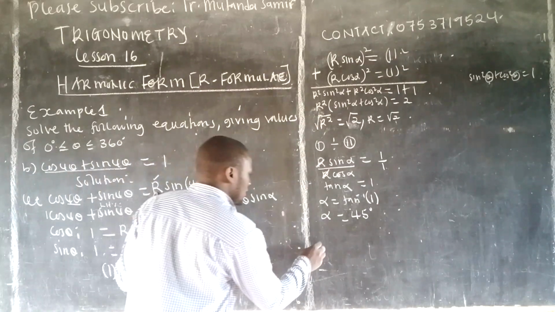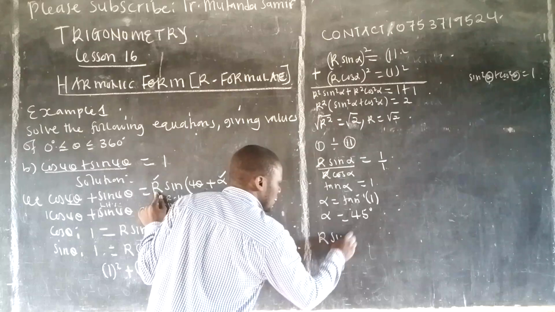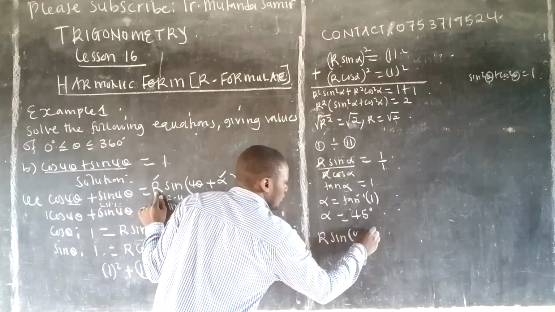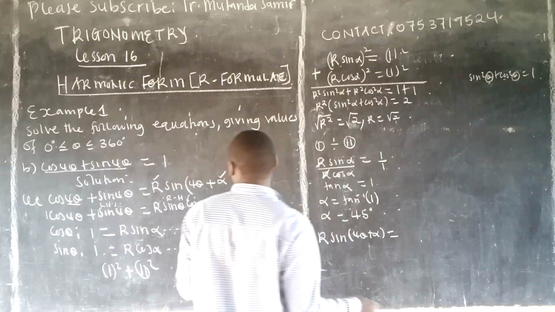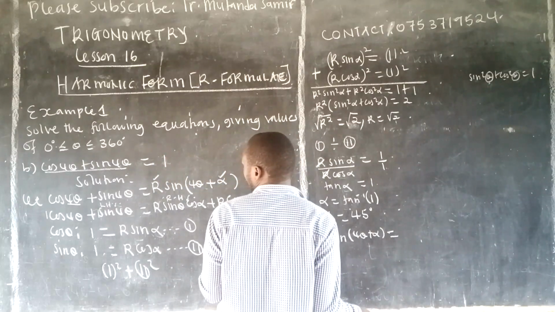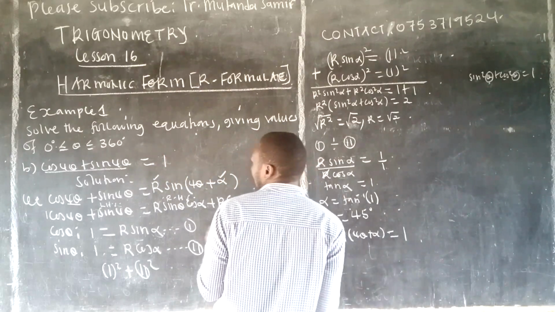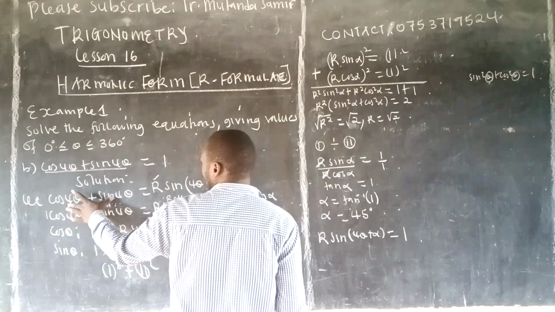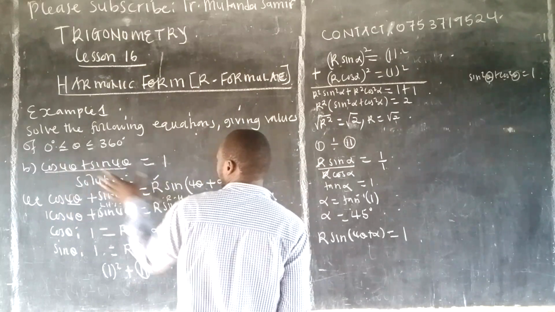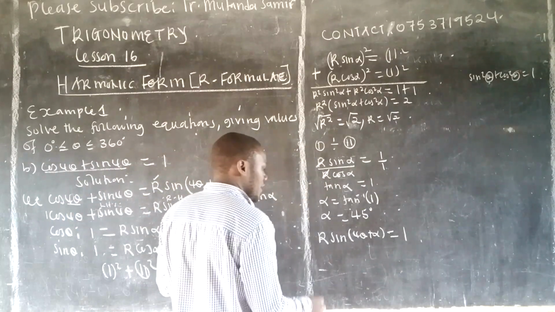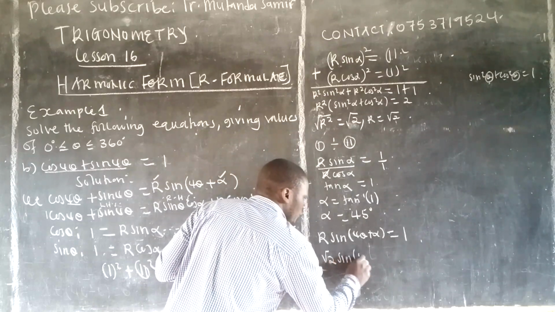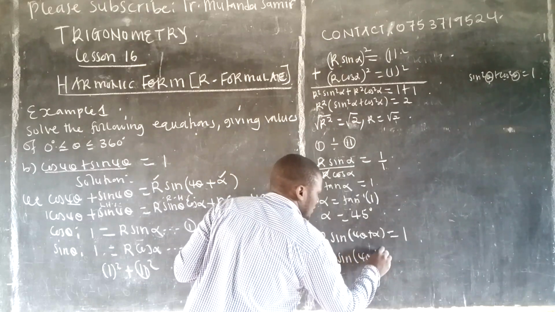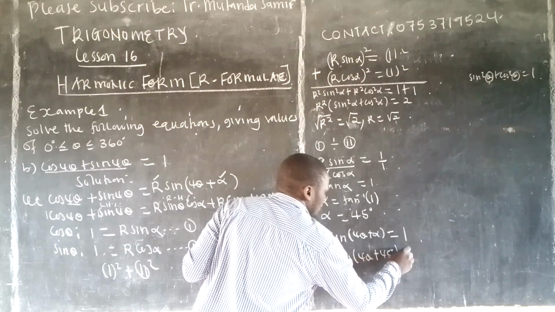And now r sine 4 theta plus alpha must be equal to 1. Okay, I said for this we let the whole thing be this, meaning where this one is we can put this. From there, our r is root 2, so root 2 sine of 4 theta plus 45 is equal to 1.